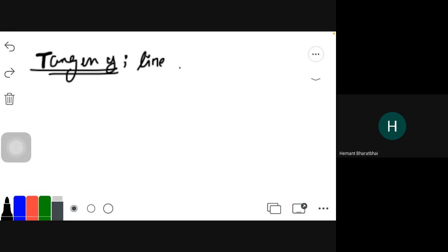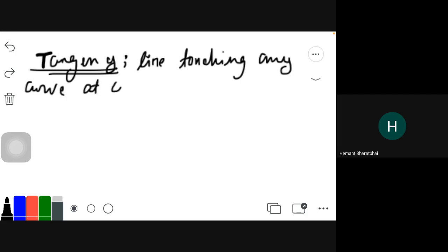A line touching any curve, not only a circle, at one point only will be called a tangent.